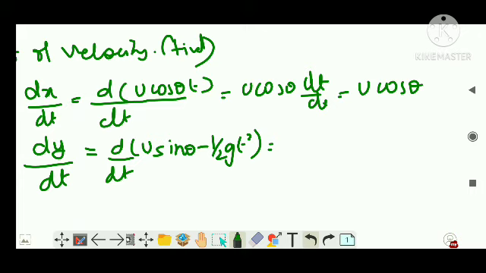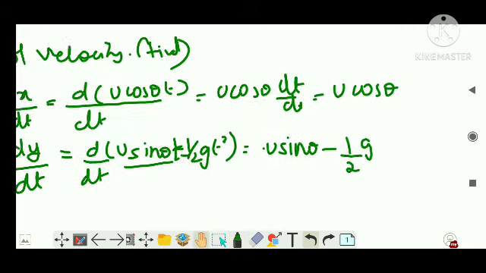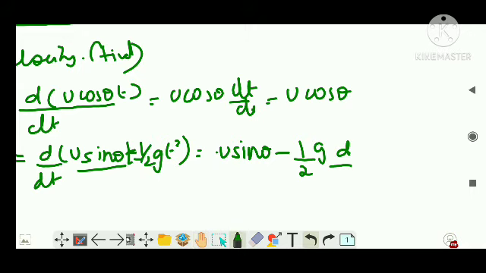Right. Now how would I differentiate? There is a t here, I forgot it. Minus half gt square. Now again, first I will differentiate u sin theta t. So u sin theta is a constant term, so dt by dt cancels off. Then there is half g constant, and I will write d by dt of t square.